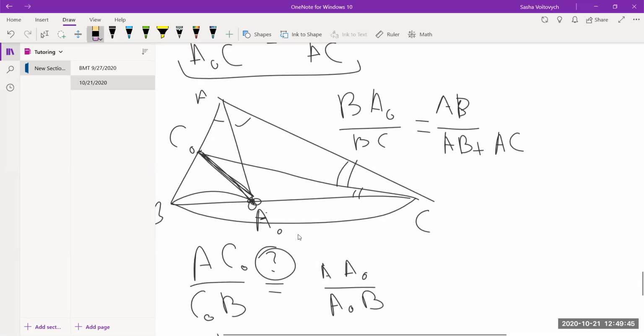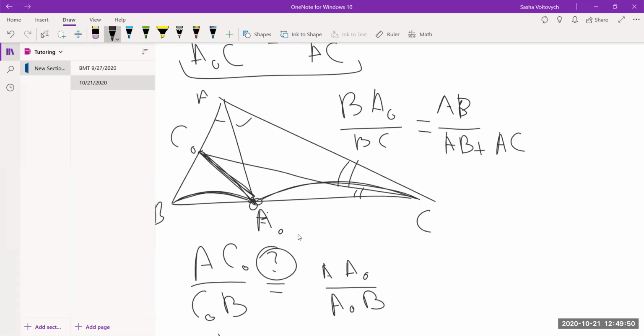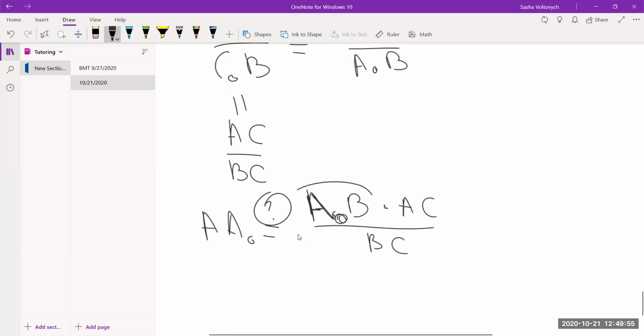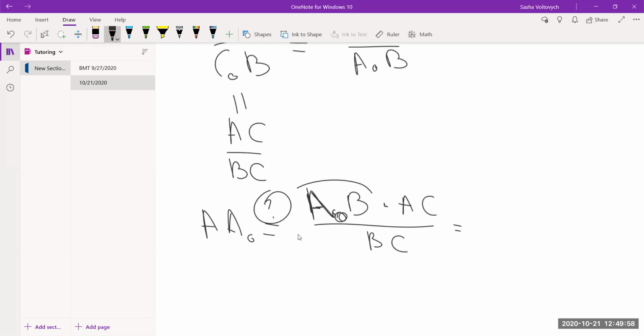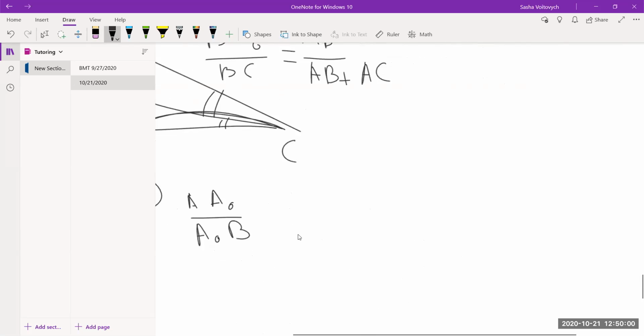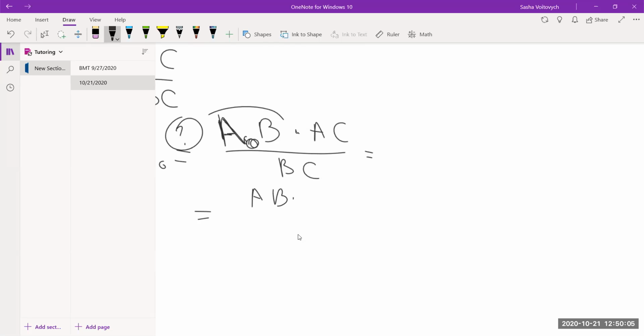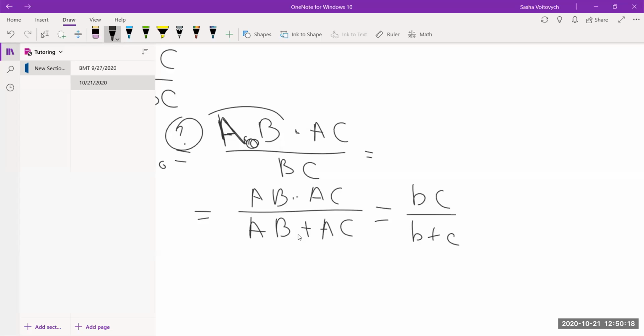Again, because BA0 to A0C is equal to BA to AC. So again, then we can rewrite this guy as AB times AC over AB plus AC. So in other words, BC over B plus C, which is a pretty neat formula, I would say.